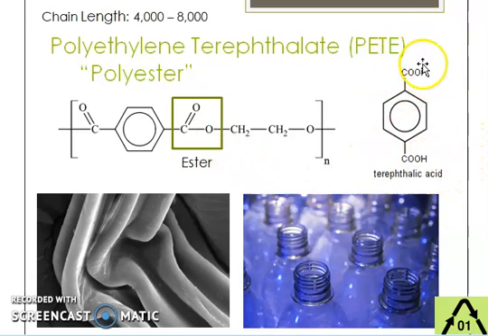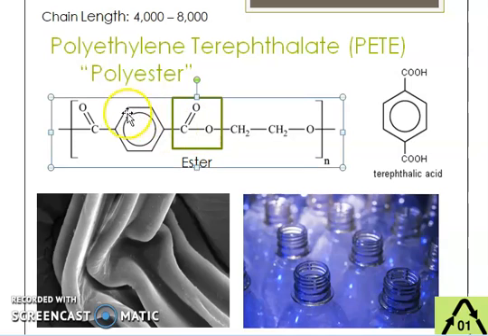One OH of terephthalic acid and hydrogen of ethylene glycol move out, meaning loss of a water molecule, and ester bond formation occurs. As we have studied in the esterification reaction, when alcohol and carboxylic acid combine, they form an ester by loss of water. So that is an example of condensation polymerization. It is used in making plastic bottles.